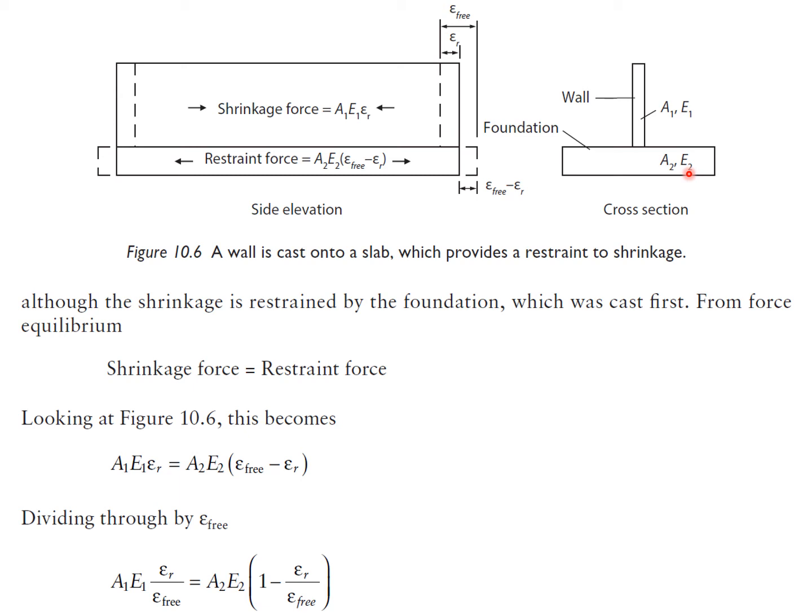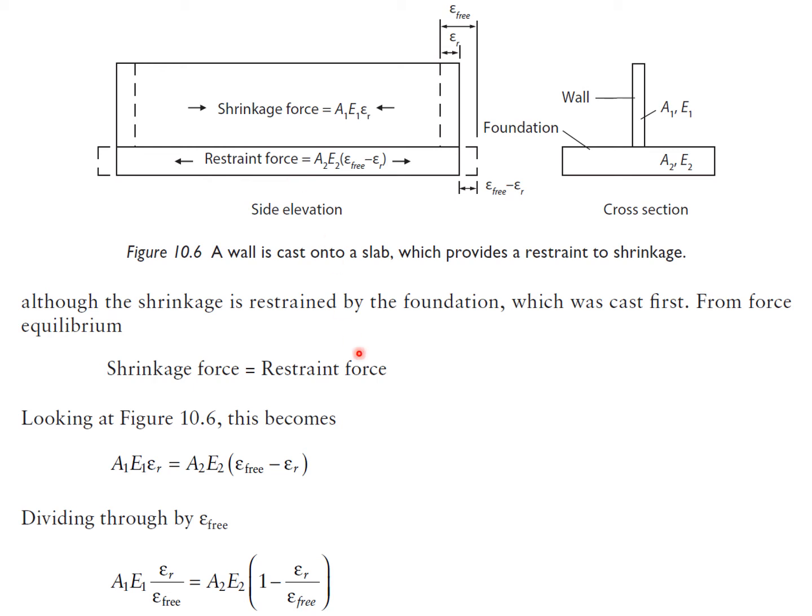As the concrete gains strength, Young's modulus increases. So when the wall is cast onto the slab, the wall will want to shrink because of drying shrinkage and also because of heat of hydration movements. And that will be restrained by a force that will be developed in the bottom half of the slab.